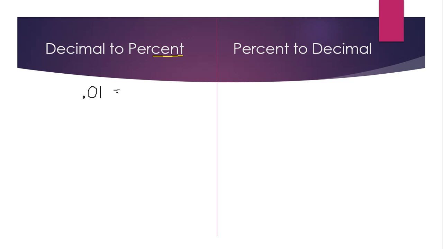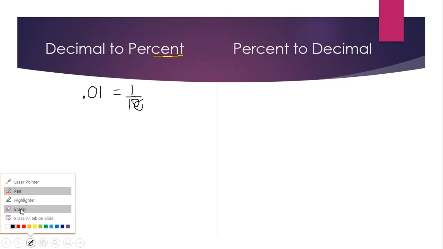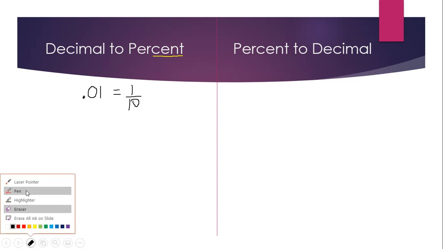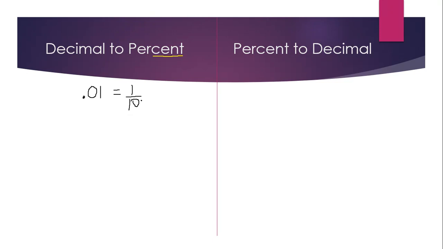Then I can say this is equivalent to 1% because percents are special fractions out of 100. The whole point is to make your decimal out of 100. We're lucky here because the 1 is in the hundredths place value. Think of 1 penny. Oh, that's 1%.